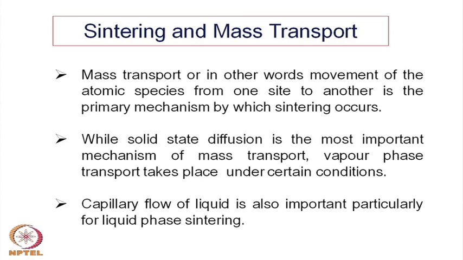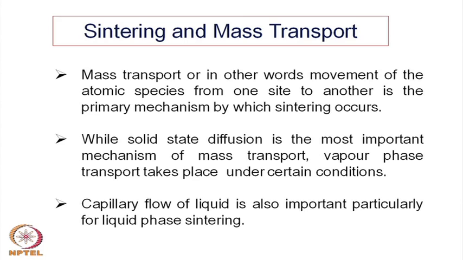Earlier we have discussed solid state sintering and liquid phase sintering. So, in solid state sintering, these are the two mechanisms which are more important: the diffusion mechanism, of course, and we will see later on that the diffusion mechanism also has different variants, different types of diffusion and different paths of diffusion are possible.